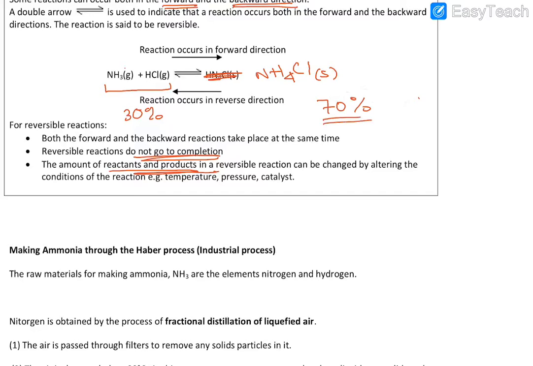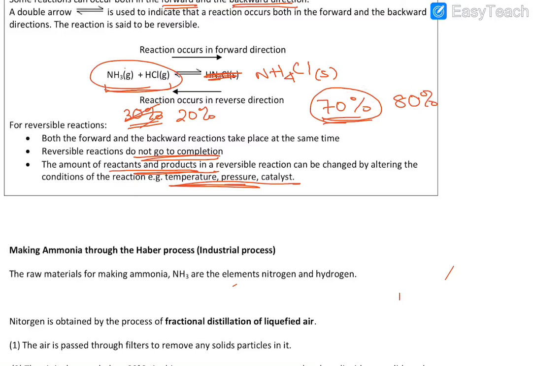I can modify conditions, for example, temperature and pressure. If I alter specific conditions, I can change the percentage of products. So I can bring that up to 80%, for example, and bring that down to 20% by playing with these conditions. But eventually, I'm never going to get 100% of products. I'll always have some amount of reactants.